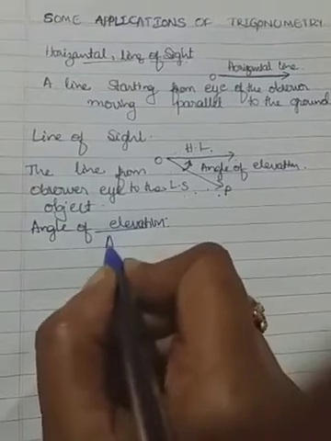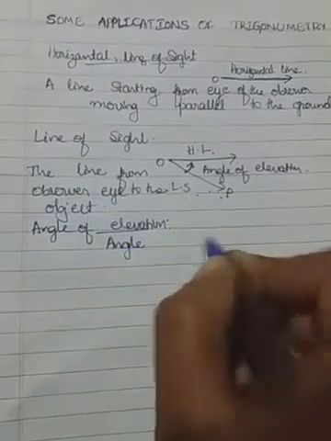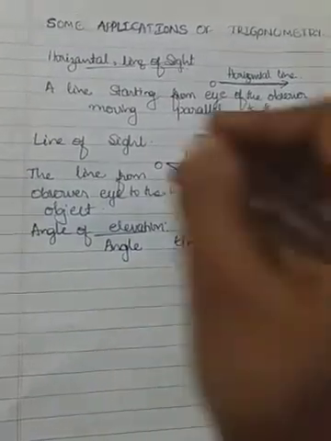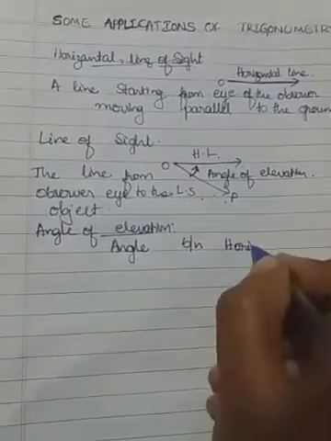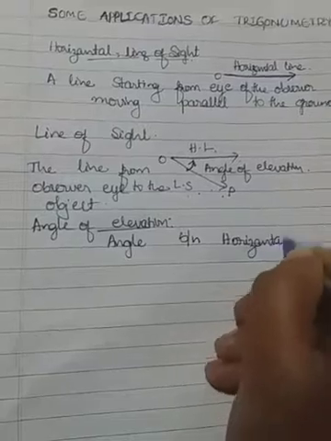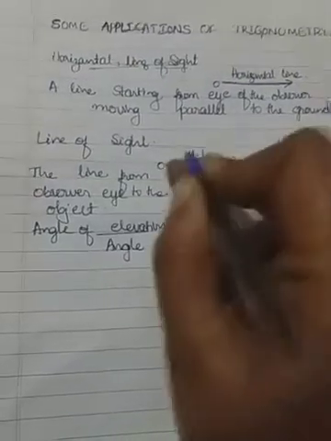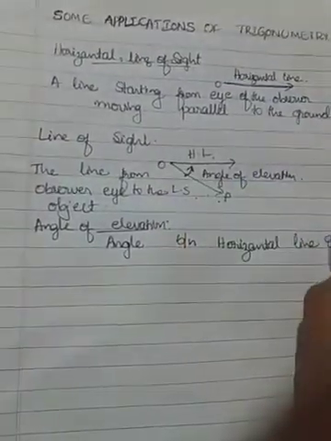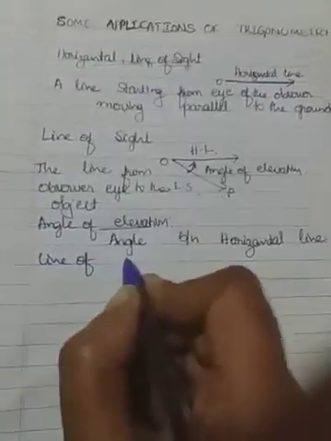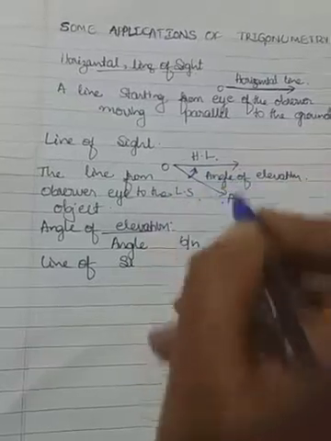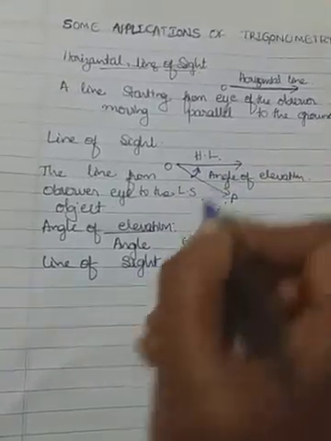Angle between the horizontal line, this is the horizontal line, and the line of sight, this is the line of sight, you can see that, and this is the angle.